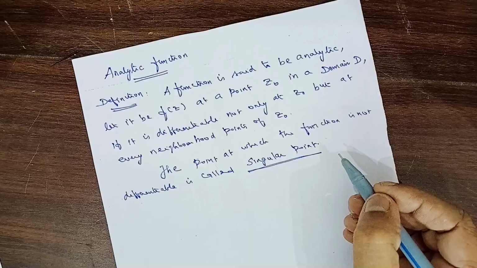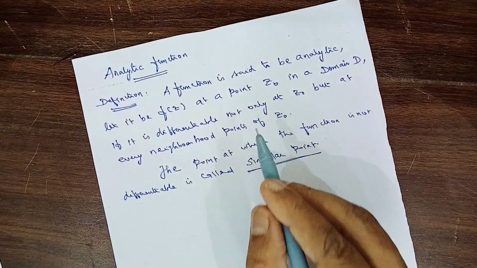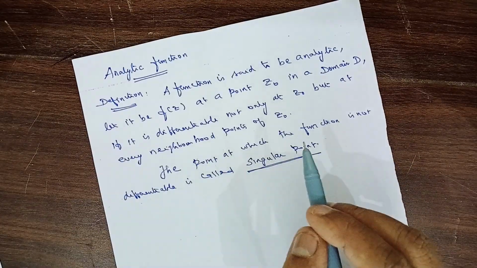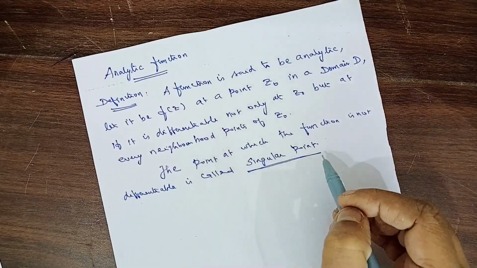If a function is analytic, the neighborhood points should be differentiable. If it is not differentiable at a point, it is called a singular point.